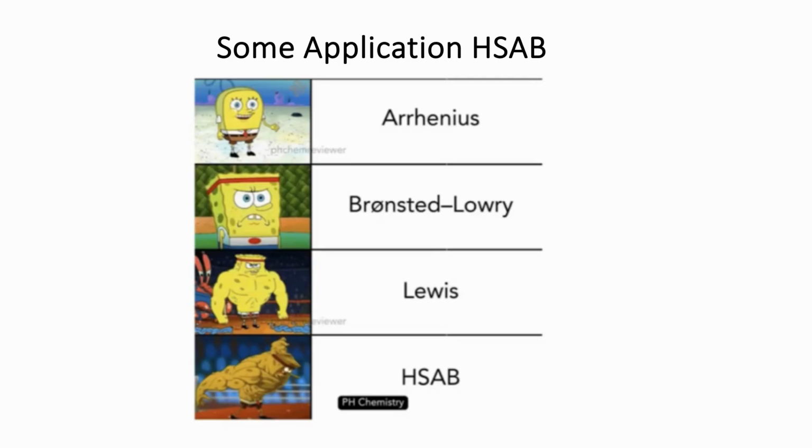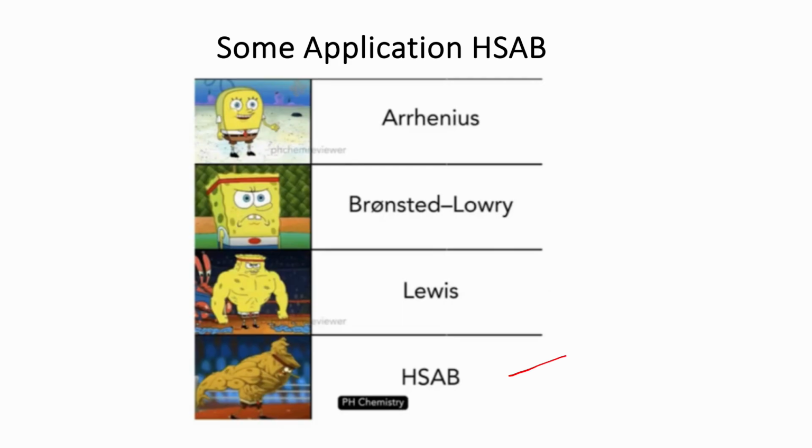All right. So going back to your HSAB and your acid-base definitions, you should know that the most useful, the most powerful would be your hard, soft, acids and bases.